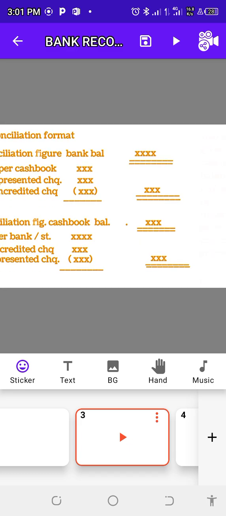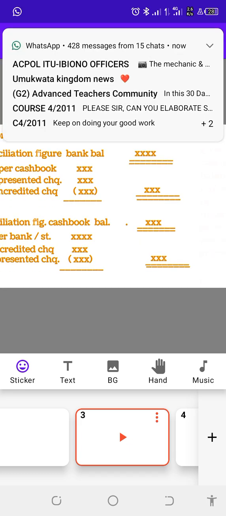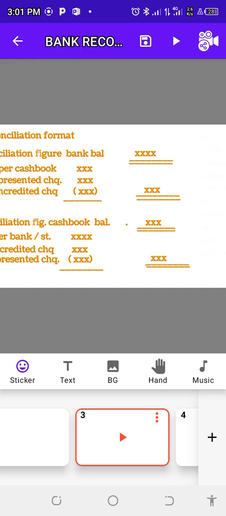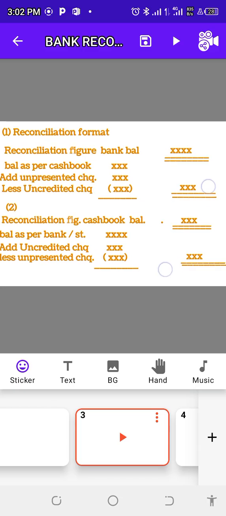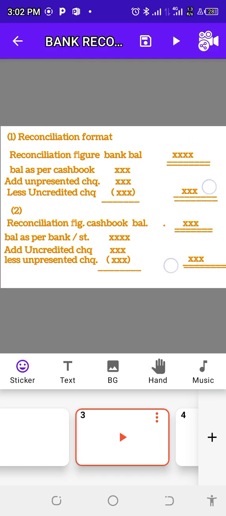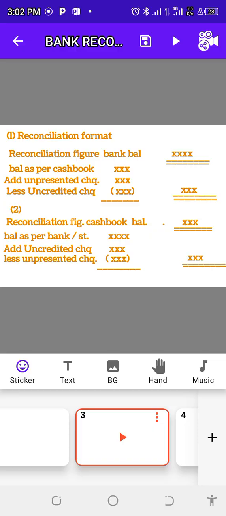Now you can also start the reconciliation from the bank. If we want to start reconciliation from the bank, then first of all you bring out the balance in the cash book. That is the reconciliation figure. The reconciliation figure now is the cash book balance. This is what we are going to reconcile. And you begin by saying balance as per bank statement.